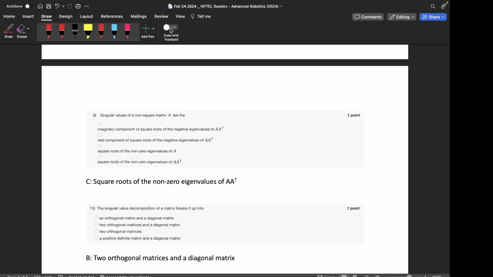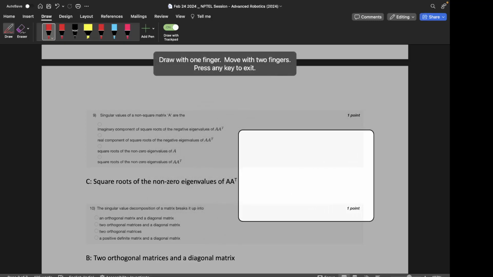So let me write it here. Lambda i of A transpose A. Okay, so this is the relation between singular values of A and the eigenvalues of the square matrix A transpose A, right?